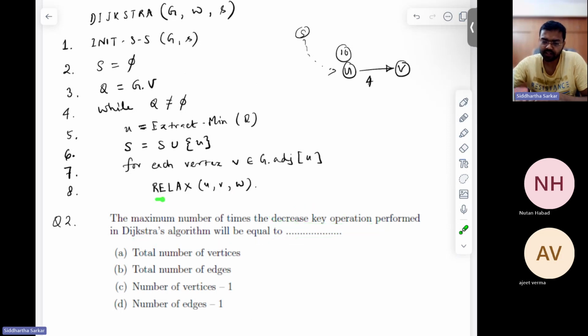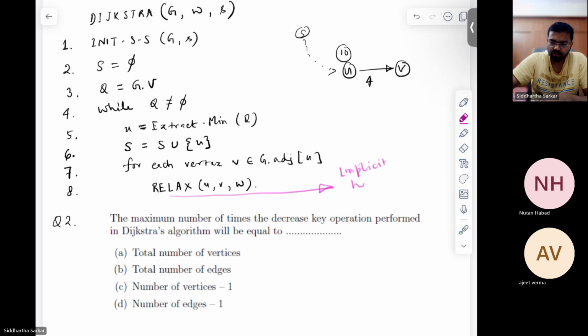Decrease key is implicit in relax. If the present estimate is poorer than the estimate that we are going to get via this edge, then we update the estimate. That is a decrease key operation, which is implicit here.